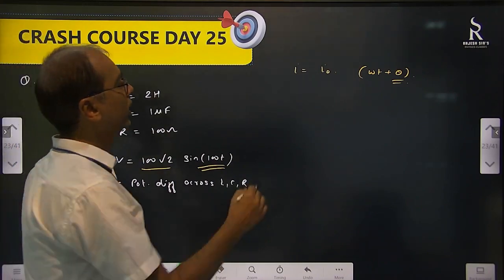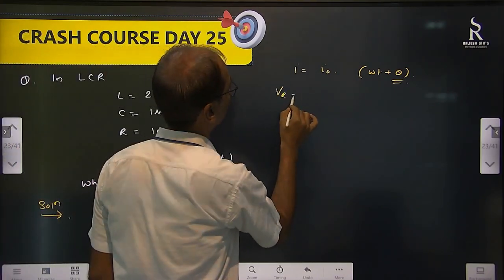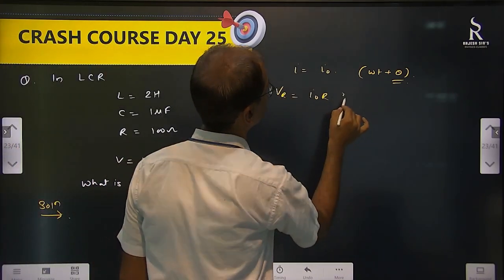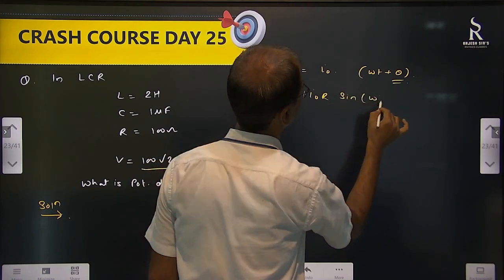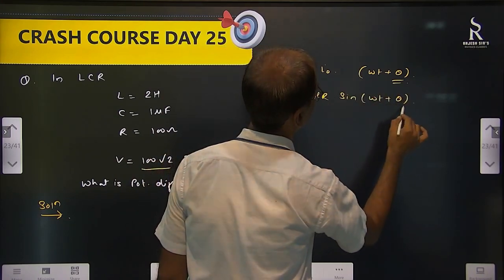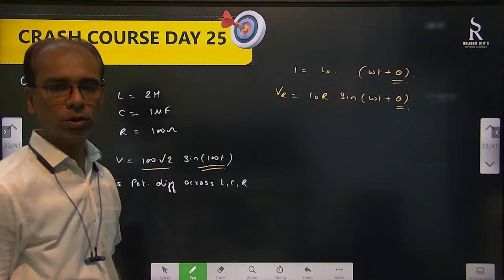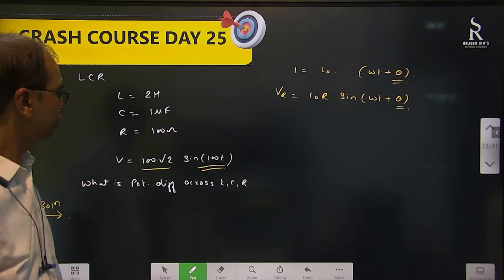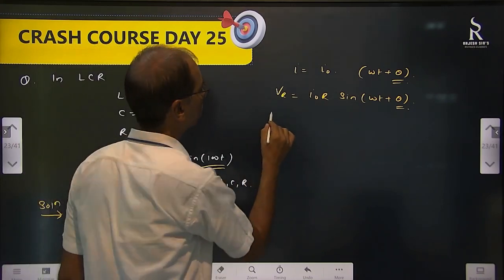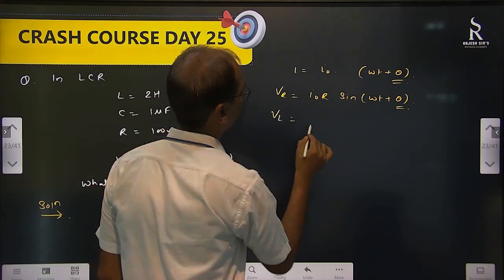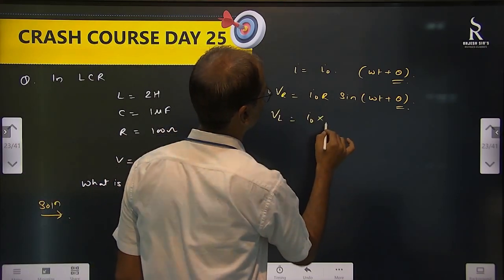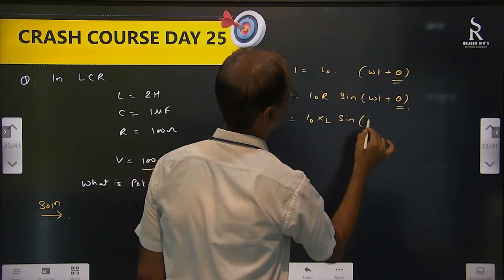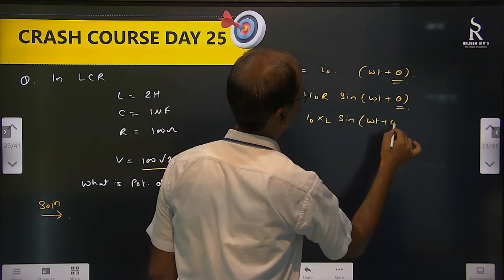Then VR is what? VR will be I naught R sine omega t plus theta. No issue in that. Then VL. VL will be I naught XL sine omega t plus theta plus pi by 2.